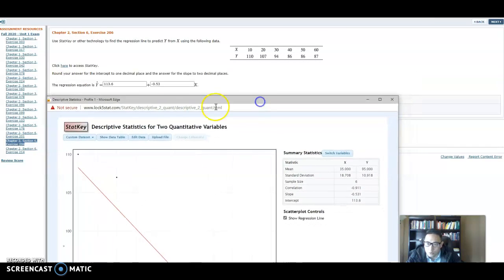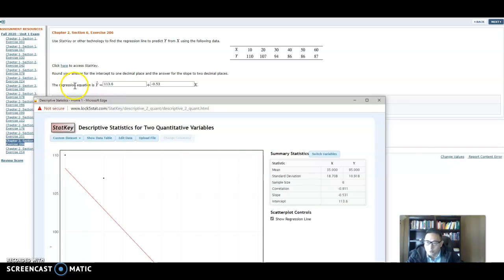So if you're simply going to answer figuring out the regression equation, it is 2 decimal places for the slope and 1 decimal place for the y-intercept. Make sure you round it correctly. So for this one, you will take a slope which is 0.53.